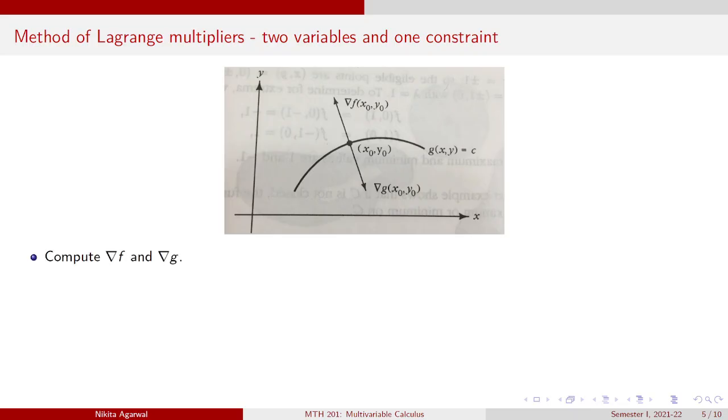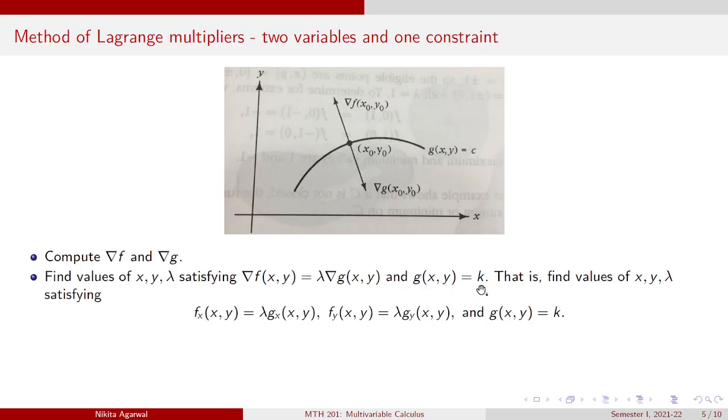What do you do? You compute gradient of f and gradient of g. You find values of x, y and lambda which satisfy two equations. One is gradient of f equal to lambda times gradient of g, and you also want to be on the curve, right? So g(x,y) should be equal to k. Now expanding the first equation, gradient f has two components, fx and fy, and gradient g also has two components, gx and gy.